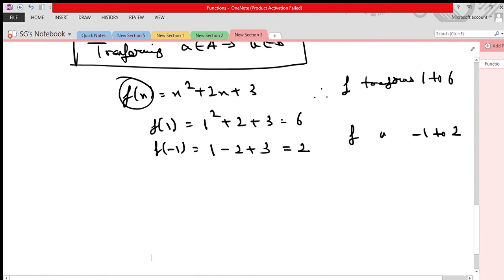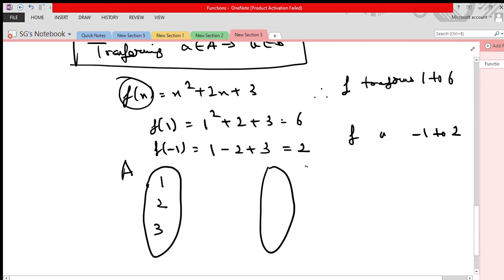Okay, mapping. So what is the significance of mapping? I'm telling you that also. Suppose we take the x square example only. So we have in the set A 1, 2 and 3, and in the set B suppose we have 1, 4, 9, let's say 10, 12, anything.